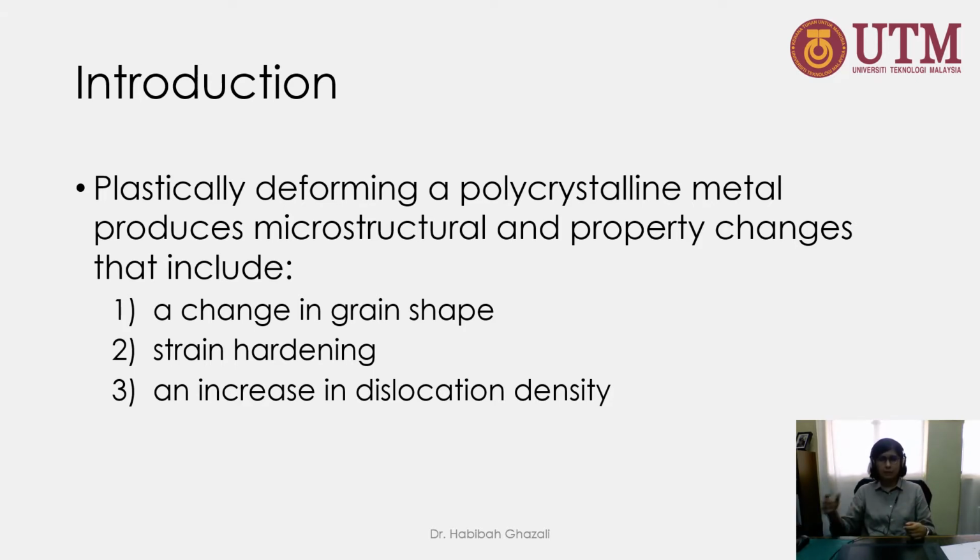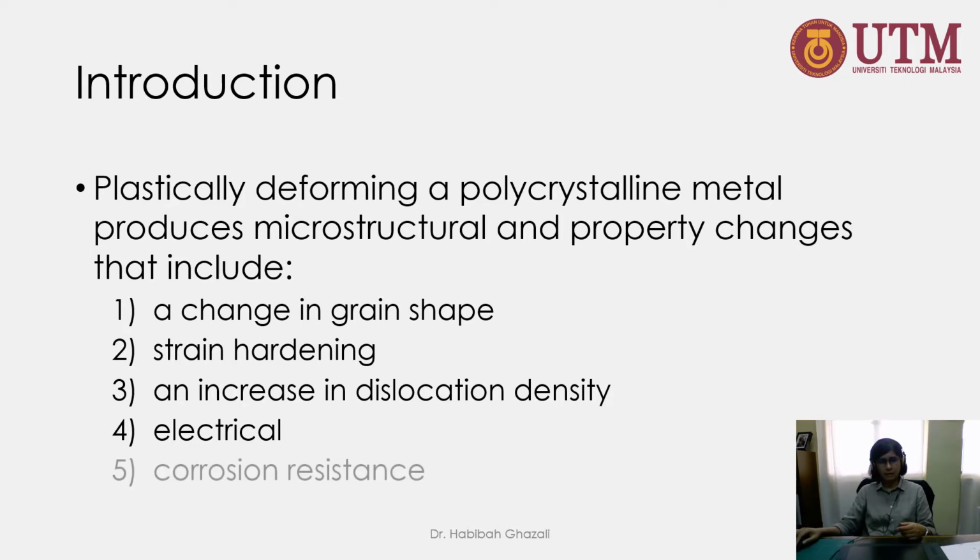So the dislocation density increases during this process of plastic deformation. Also, the electrical properties and the corrosion resistance of the materials can change after we form them. So we want to know, can we change this microstructure, or can we change these properties after we induce plastic deformation?